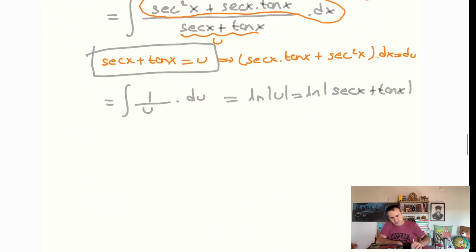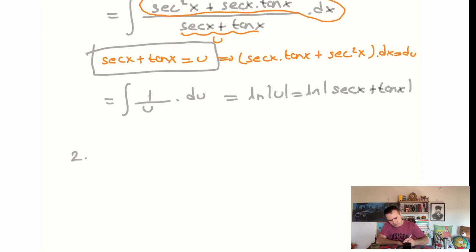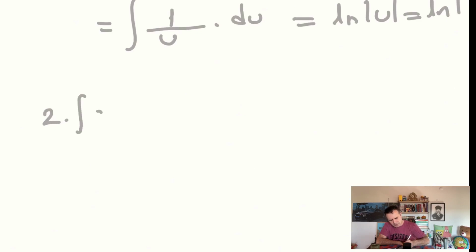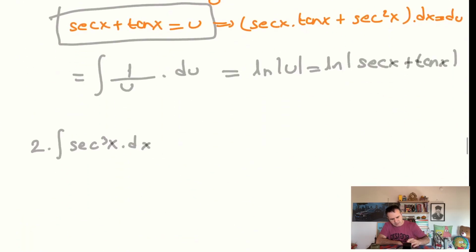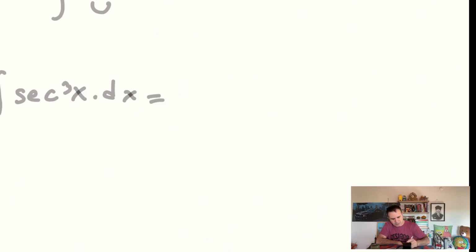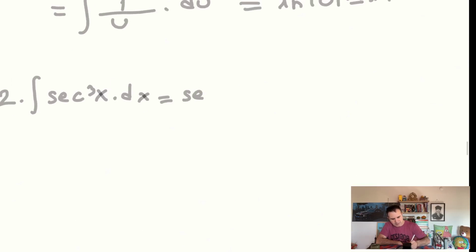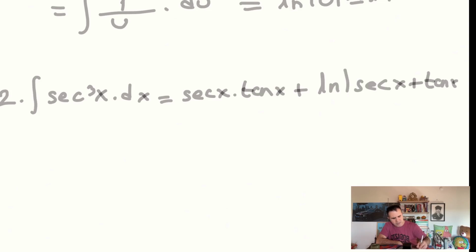So the integral becomes 2 times integral of secant cube x dx will be equal to what? Will be equal to secant x tangent x plus ln absolute value of secant x plus tangent x.